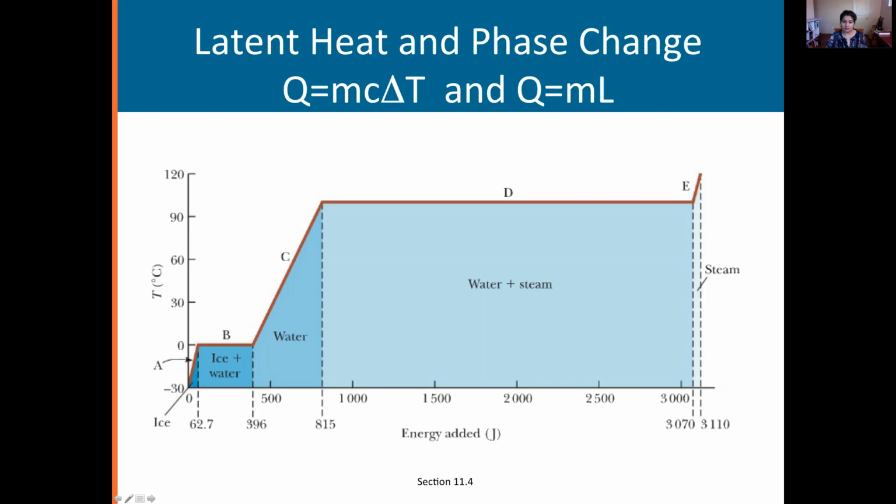After we've given in, say, 396 joules worth of energy, okay? You don't need to memorize any of these numbers. You need to understand the difference between the horizontal lines where the line is flat and the slope is 0, and the lines where you have a positive slope.